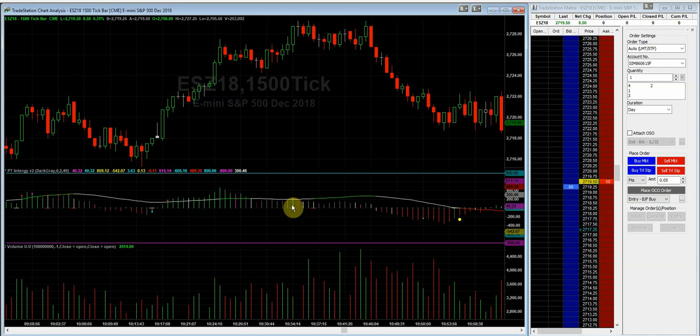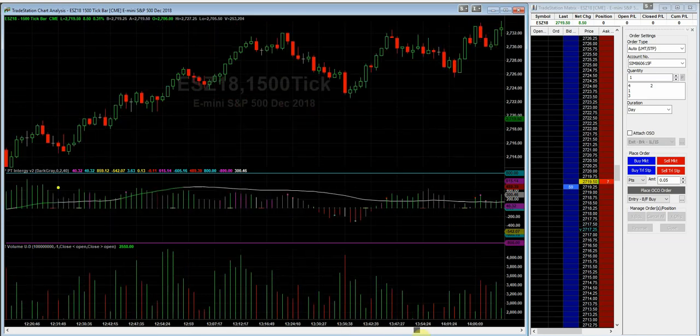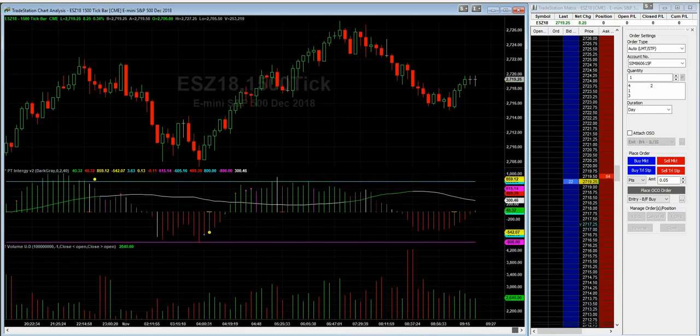Then we have some demand coming back in, but still the bars are very short, and they're gray, which means weakness, and that weakness finally breaks through right here and goes to the supply side as the sellers take over and price comes down.